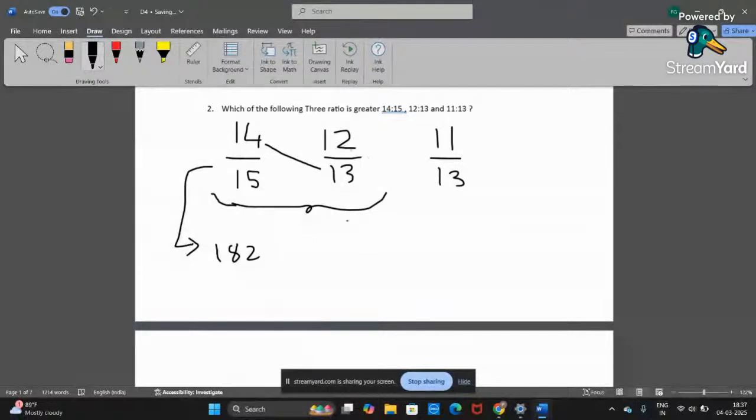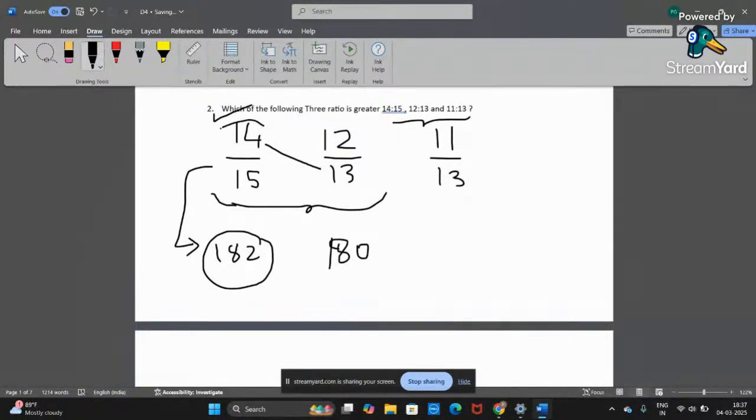Then to find this value, you multiply this numerator with this denominator. So 12 into 15, it is 180. We have to find the greater ratio between these three. So between these two, 182 is greater. So 14 by 15 is the greater one.